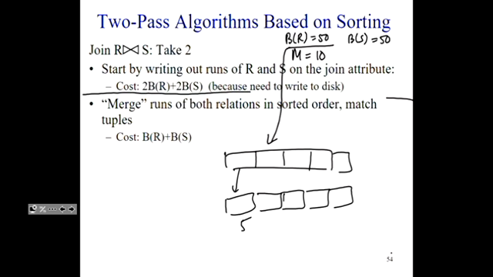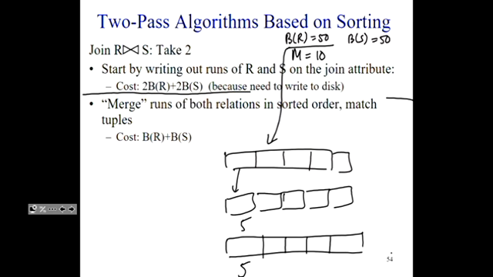Then from S I have 5 groups of 10 blocks each, correct? Once again, I've written them out to disk.